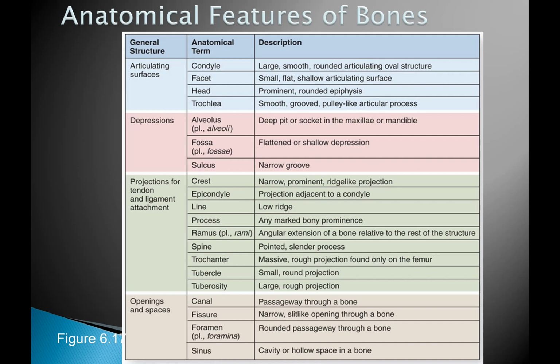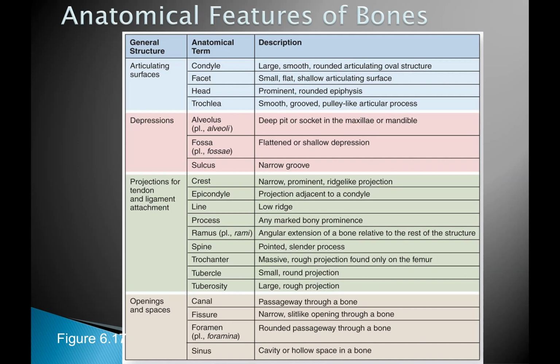So trochlea, head, facet, condyles, they're all things that stick out from a bone, and they join up with another bone. Okay. One of the things about this table, again, I don't want you to memorize this table. It's not helpful to just, again, brute force memorize this. I want you to go through and be familiar with these terms, and you'll see them when we talk about specific bones.